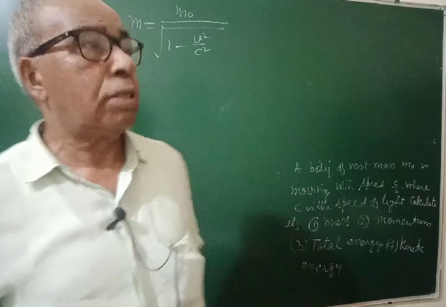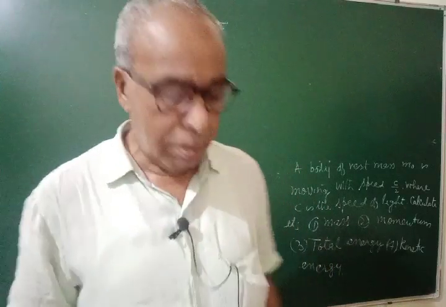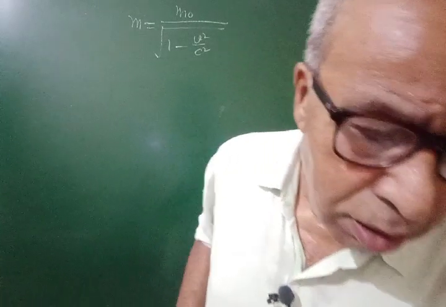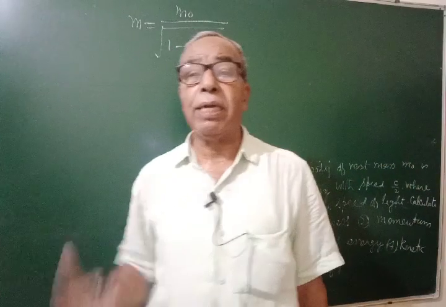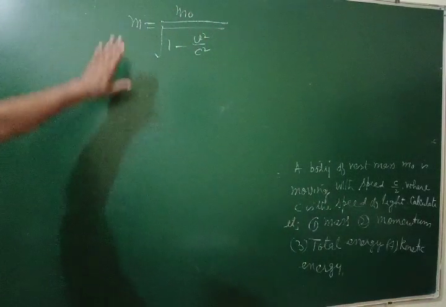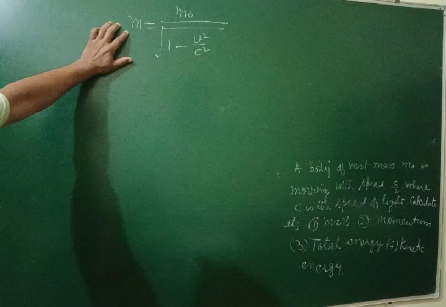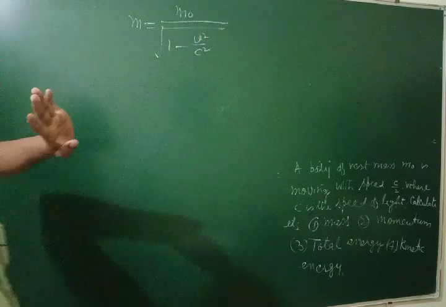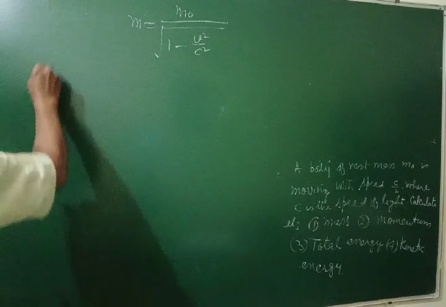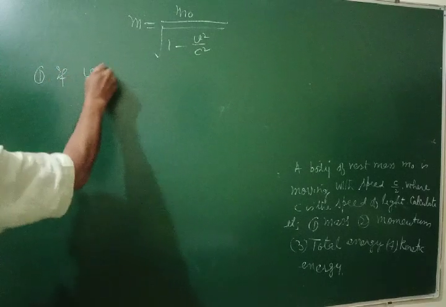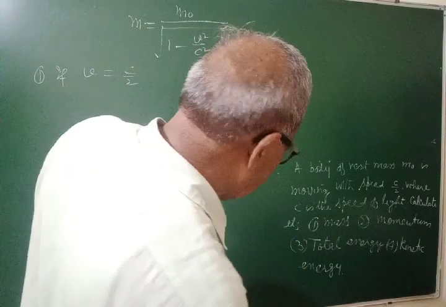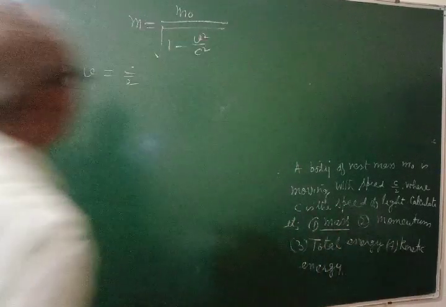Einstein proved this only mathematically. Einstein, in fact, was a scientist who kept on thinking while sitting at his table. So moving mass m is the mass when the body has a speed v. You are asked here if the body moves with speed c by 2, then calculate its mass, this moving mass.